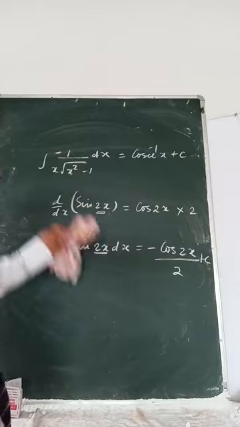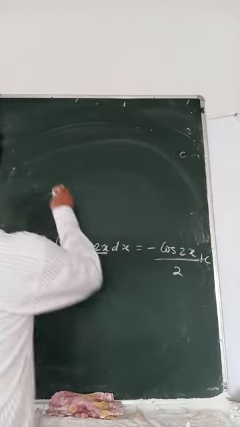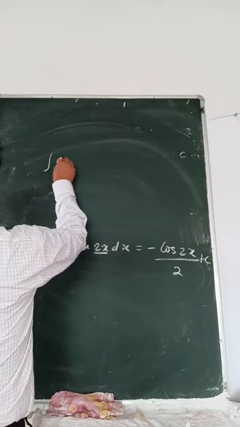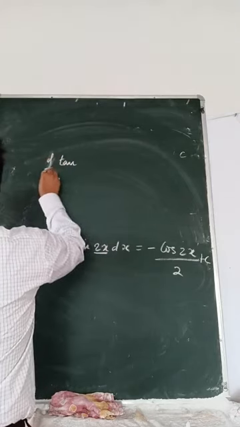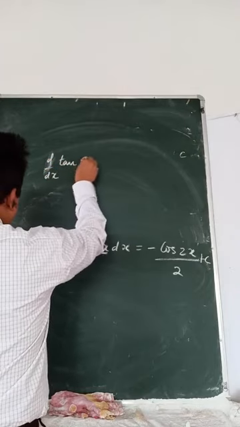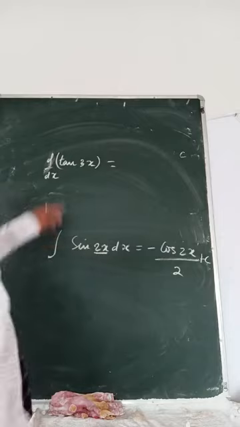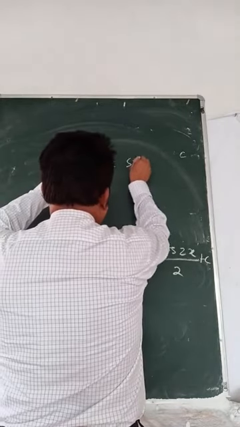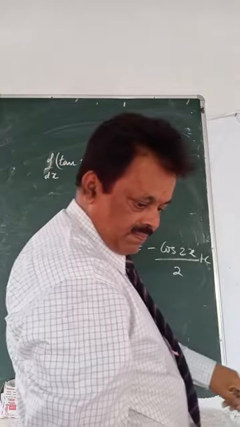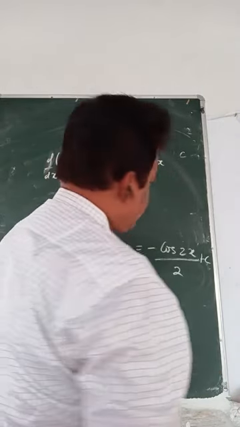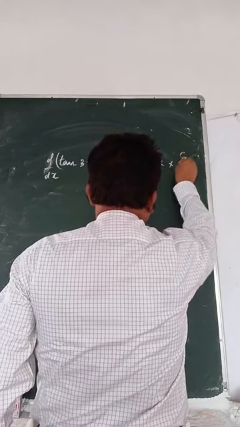Simple to remember: the derivative part of the chain rule you have to divide. Similarly, you can take one more question. Integration of tan 3x. The derivative of tan is sec square 3x into 3.